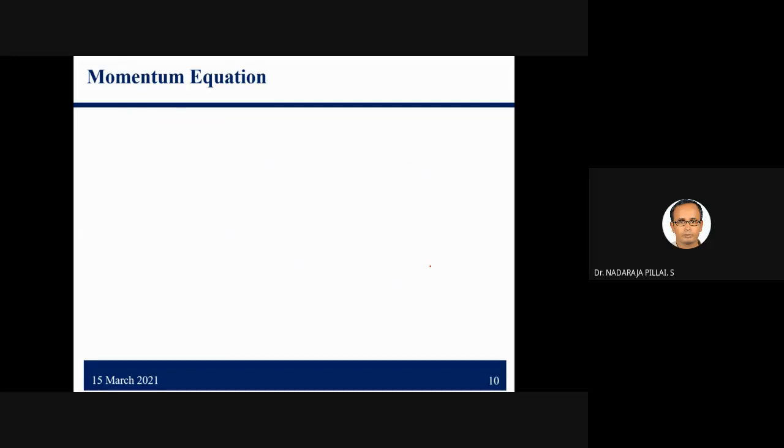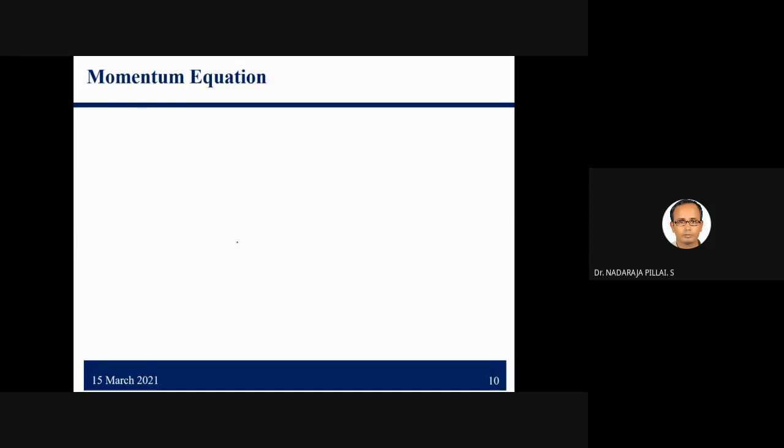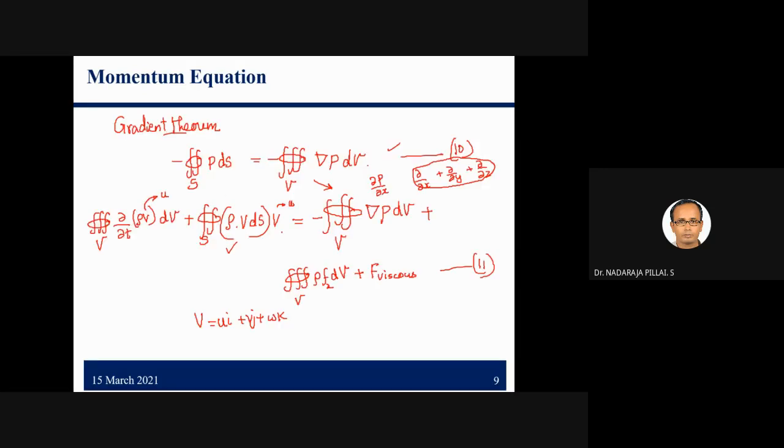Only one thing is we need to write this equation. This equation is only in double integral form now. So let us write this equation. We can have the divergence theorem and we can write this equation. If it is in U, this becomes rho uv.